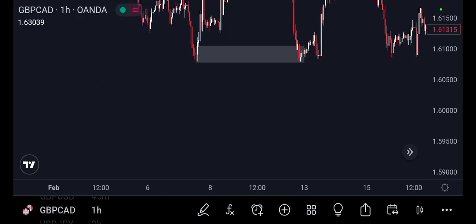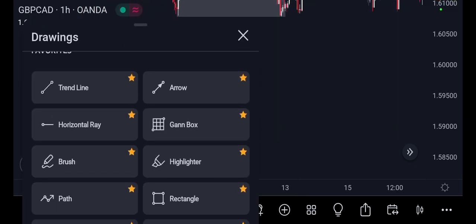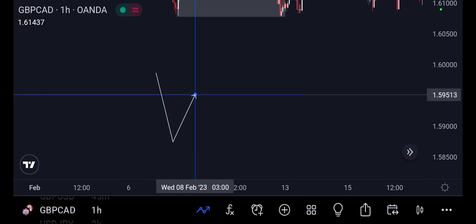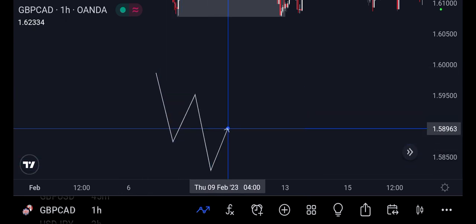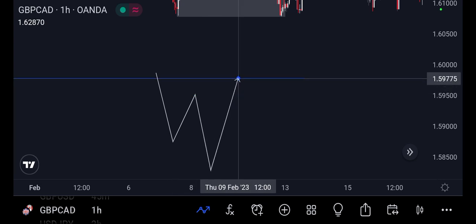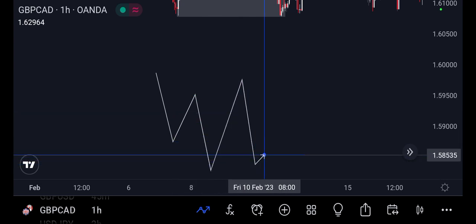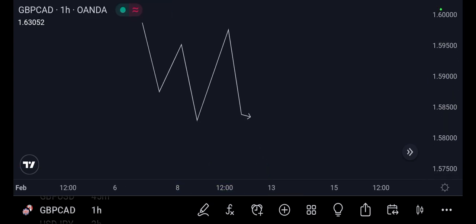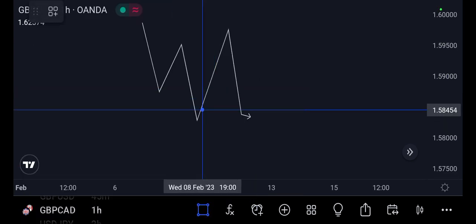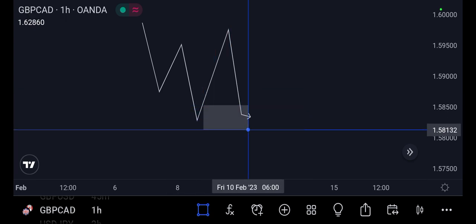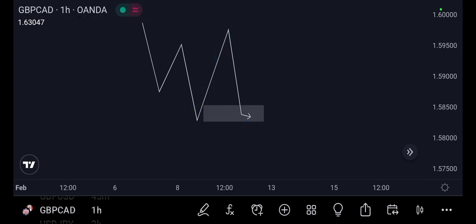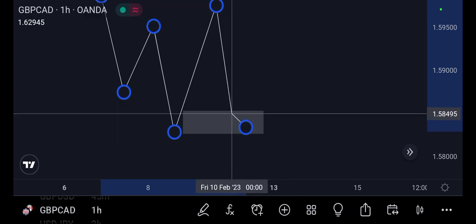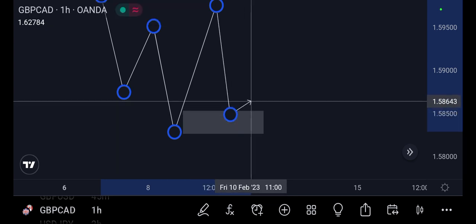If you remember the illustration I gave about confirmation entry, now let's use a downtrend. You're in a downtrend. Price breaks structure. Price starts to come to your zone. As price taps into your zone, you're waiting for this move. Price should go up like this.